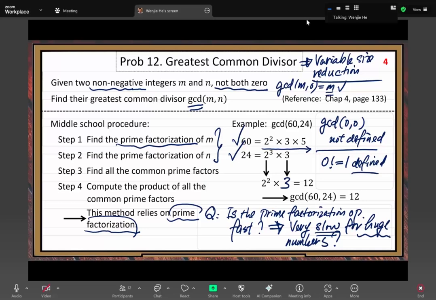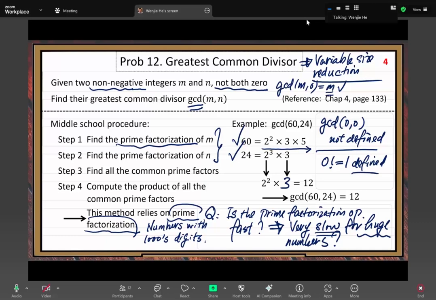Think about numbers with thousands of digits. Is that big? Several thousand digits. Here I do not say millions of digits. So thousands of digits, that large, that level.